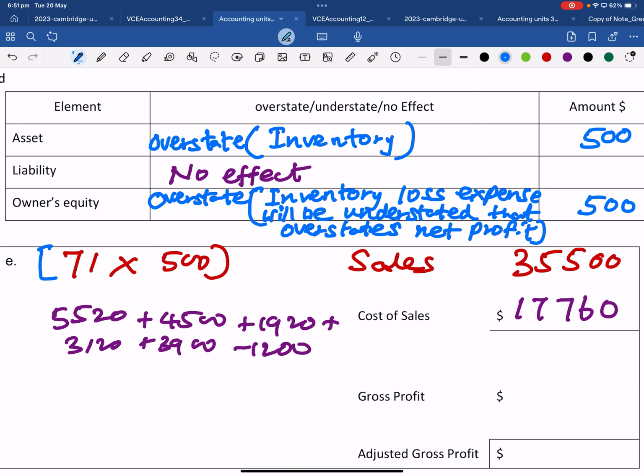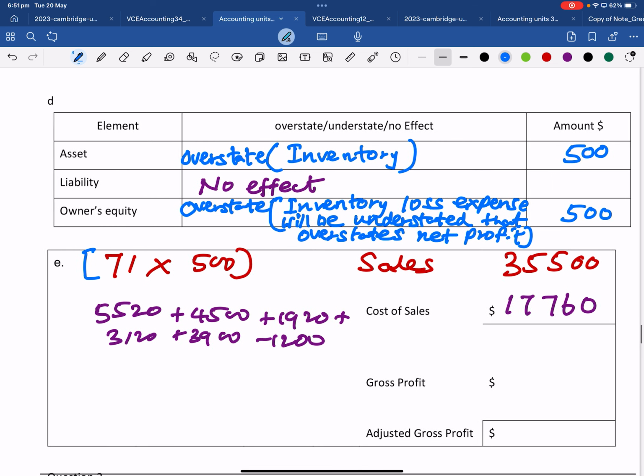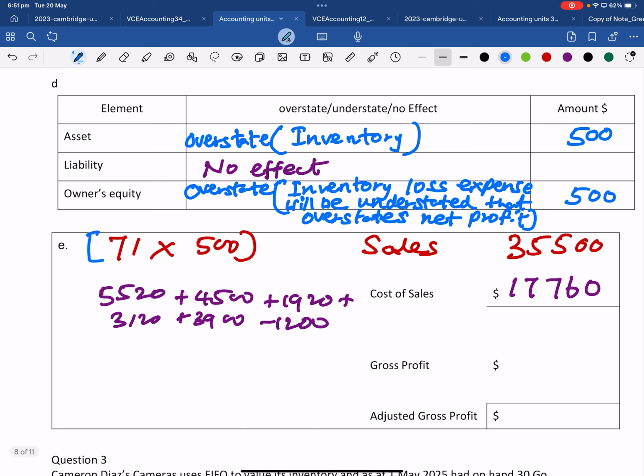Okay guys, then we have the sales revenue and we have the cost of sales. Then we get the difference between those two to calculate the gross profit. Let's subtract it, minus cost of sales, 17,740.